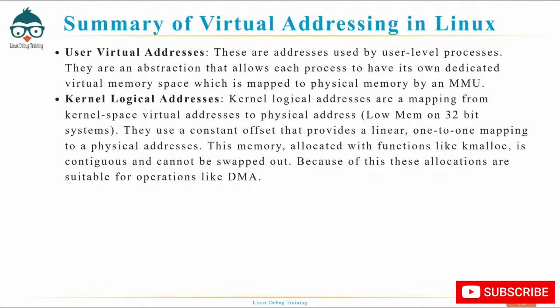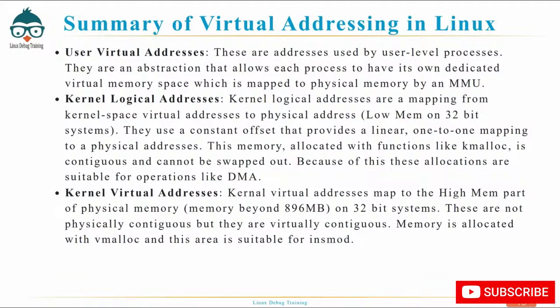This memory, allocated with functions like kmalloc, is contiguous and cannot be swapped out. And for this reason, these allocations are suitable for operations like DMA. We also looked at kernel virtual addresses. Kernel virtual addresses map to the high mem part of physical memory, which is the memory beyond 896 megabytes on 32-bit systems.